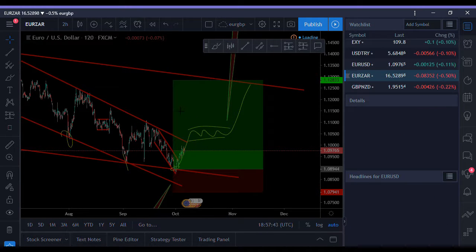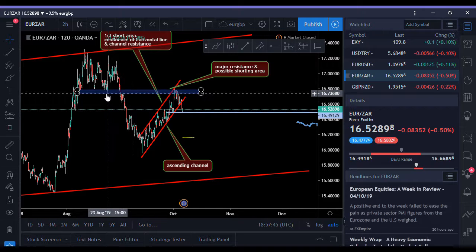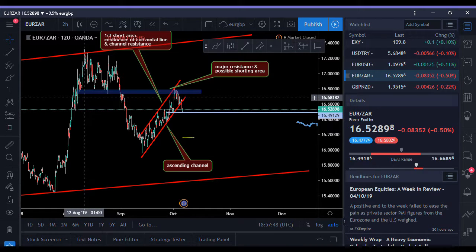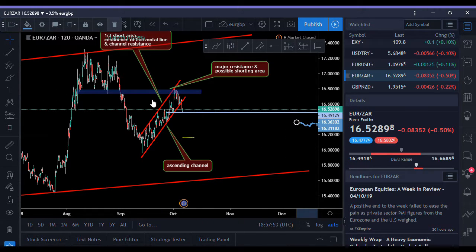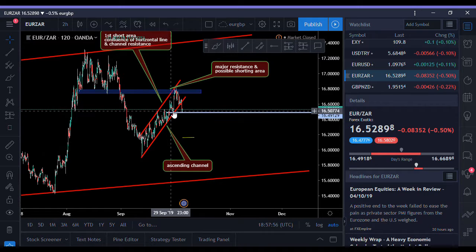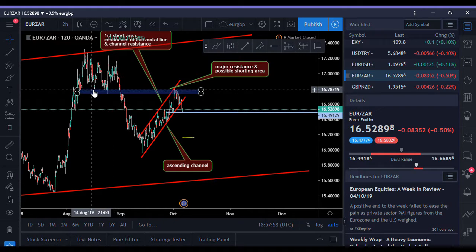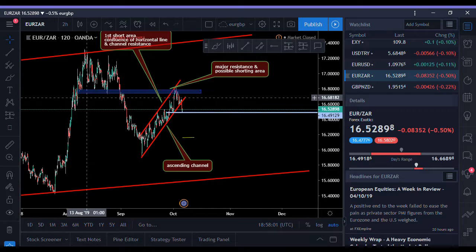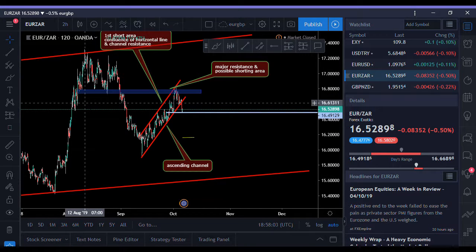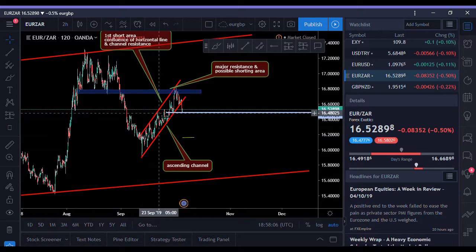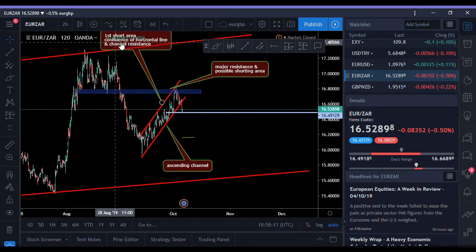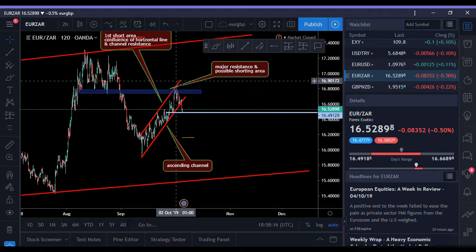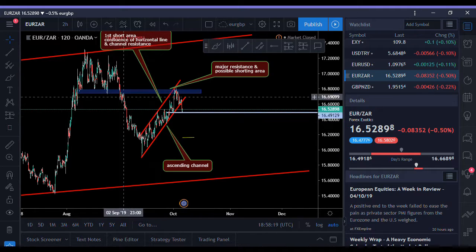Next pair is EURZAR. I explained this, I think, a week before last week, when we were still around this area, and I said I'm going to buy for now till my first resistance around this area. Since we had to complete this ascending channel, the first short area was the confluence of this resistance, this red resistance, and this triangle.